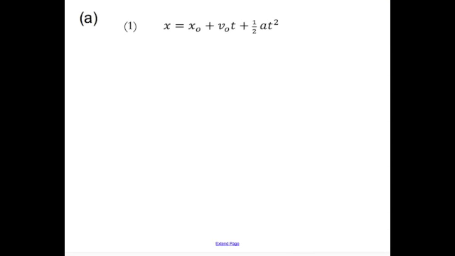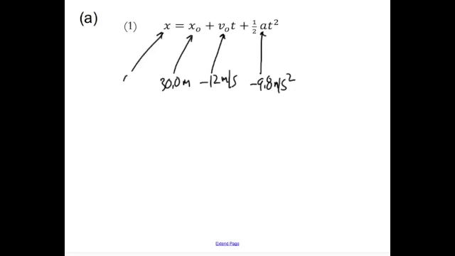Here's our equation. Now, we know the acceleration, because we're in free fall, minus 9.8 meters per second squared. We know our initial velocity, minus 12 meters per second. And we know where we start out, that's our 30 meters. We know where we end up on the ground, and that's 0.